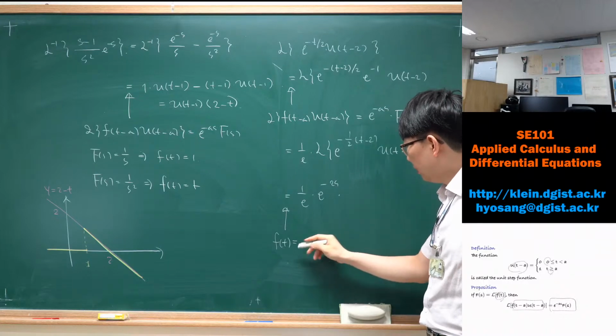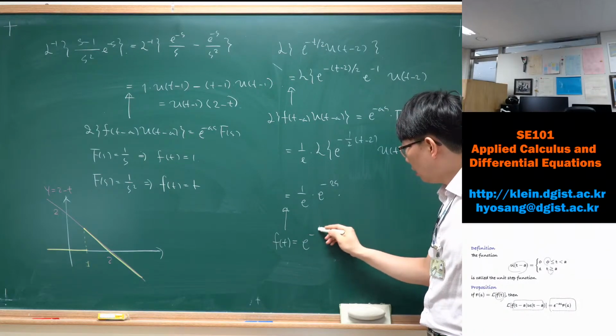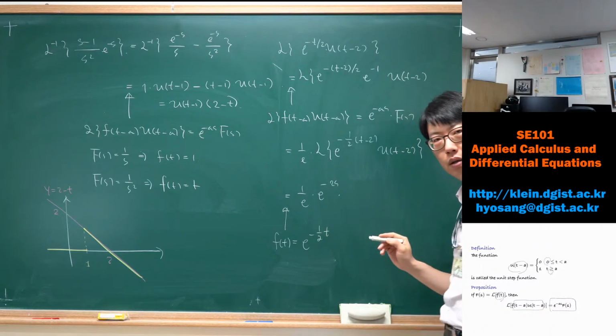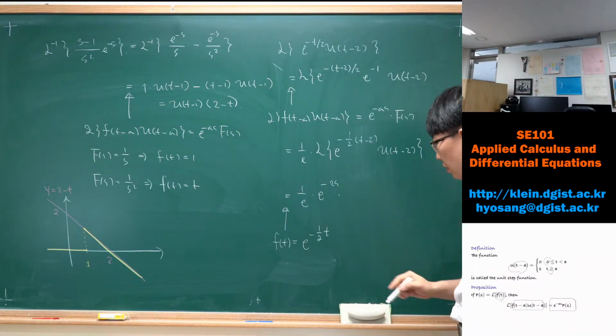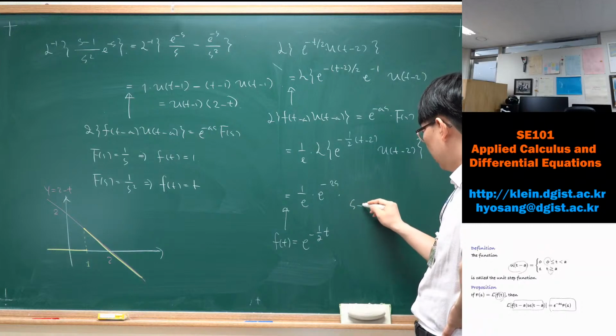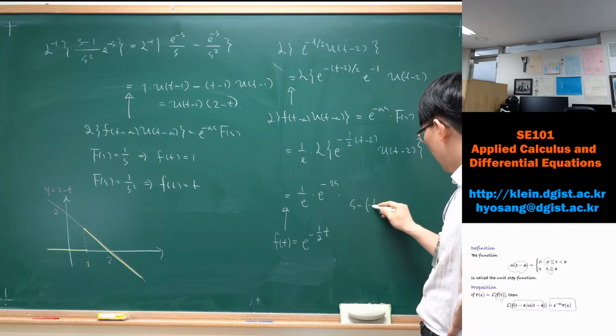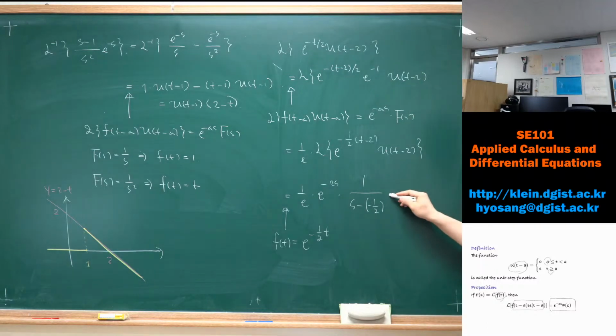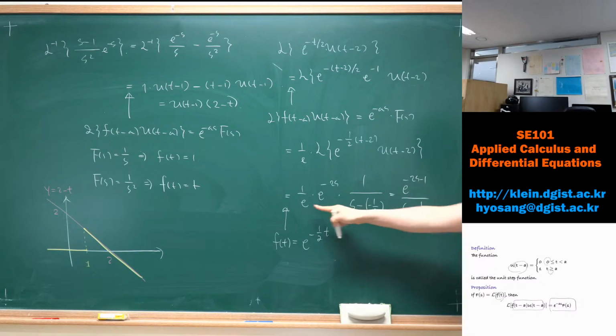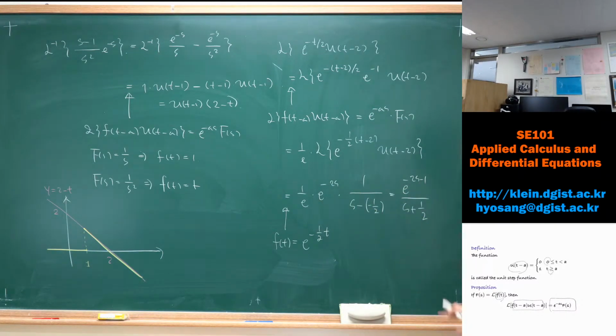The original f of t is e to the negative 1 over 2 t, so I take the Laplace transform of this function. This is 1 over s plus 1 over 2, times e to the negative 2s minus 1. So I just combine the e. So this is our Laplace transform. Okay?